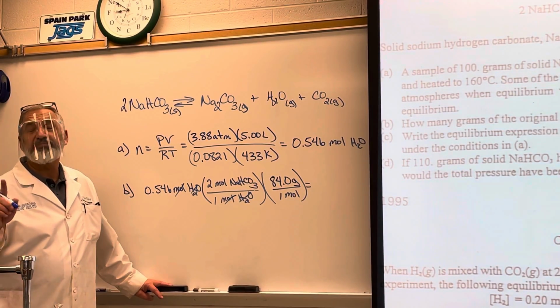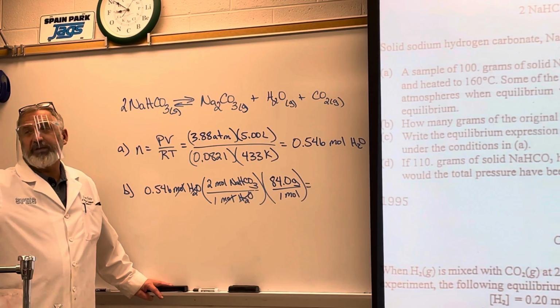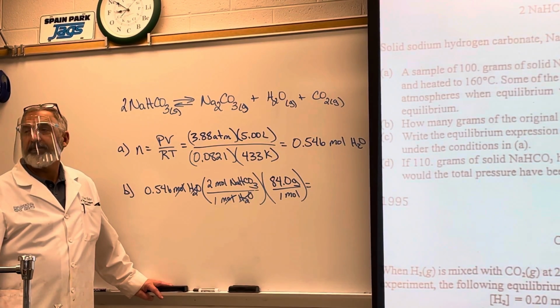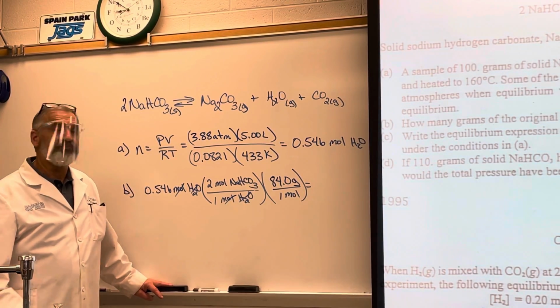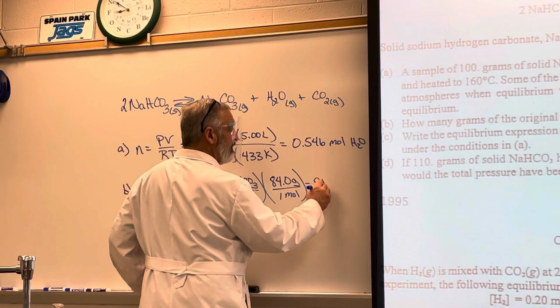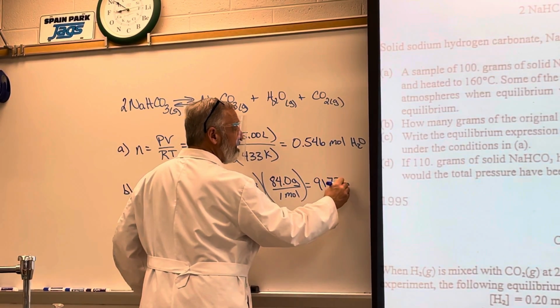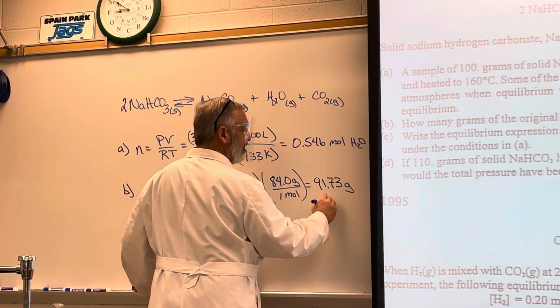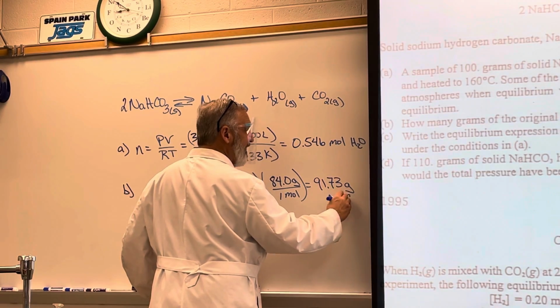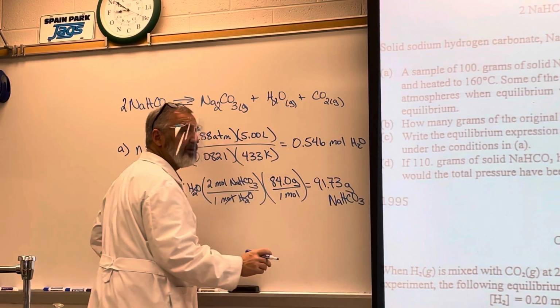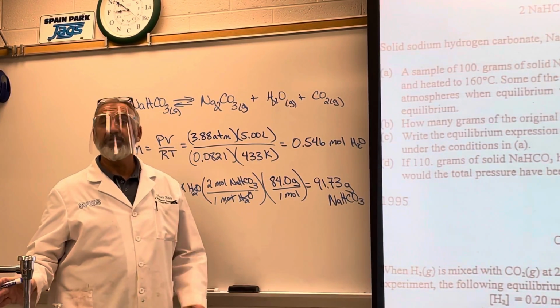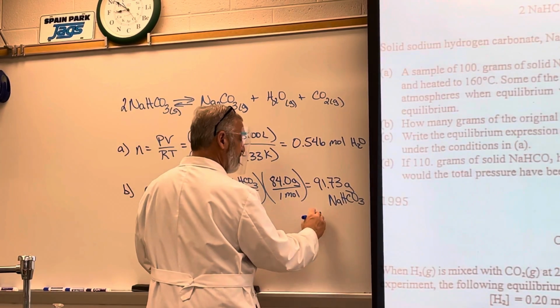What do we get? You're absolutely right, you're jumping ahead. 91.73 grams of baking soda. But what is that? That's the amount used.